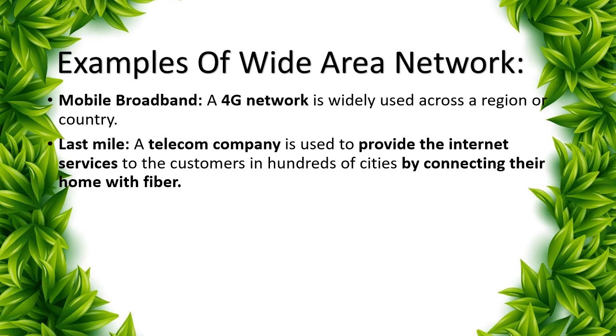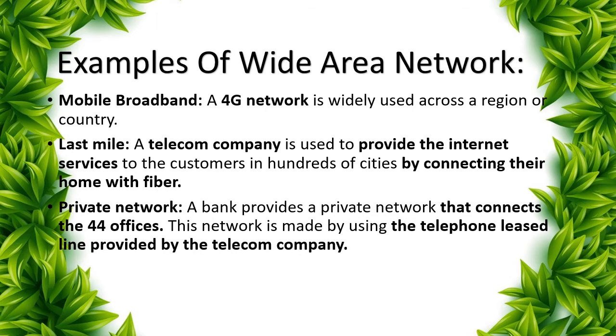Lastly, any telecom company provides services for more than one city by connecting fiber optic cables. A private network is also used this way. Private network means, within a bank, for example, the main office is in Chennai and the sub-branches of that bank are in various cities.